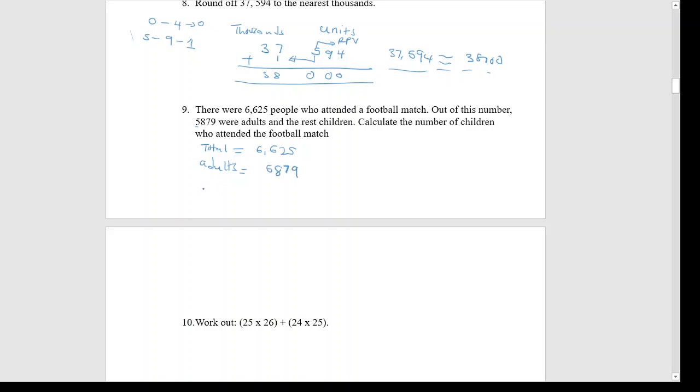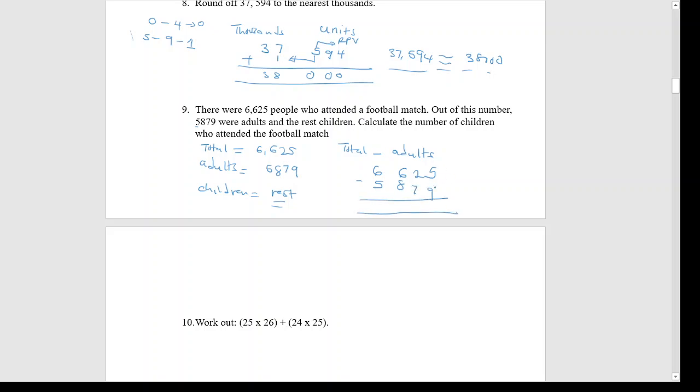Then we want to get the children, so the children are the rest. We need to get this rest. What we are going to do is take the total number of people who attended minus the number of adults. So this is going to be 6,625 take away 5,879.